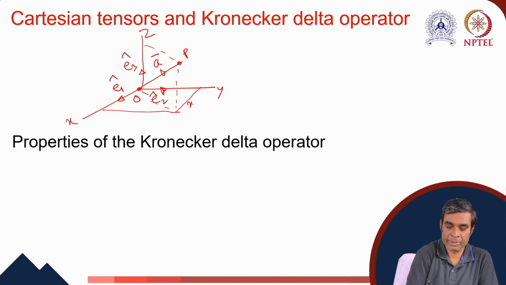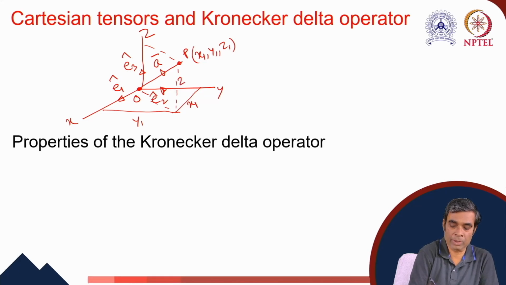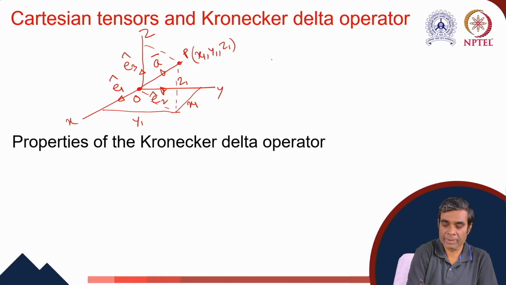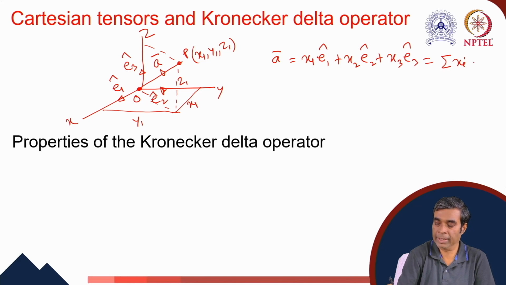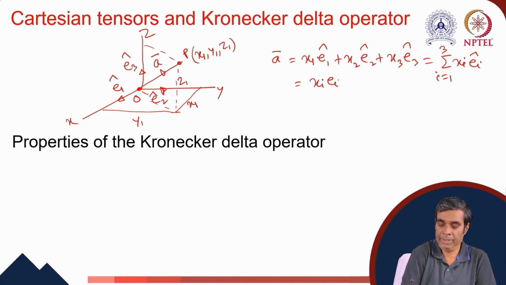So we say that this is the x1 coordinate. So the coordinate of point P is x1, y1, z1. So we are showing the components. Now here A bar equals x1 e1 cap plus x2 e2 cap plus x3 e3 cap equals summation over xi ei cap, where i varies from 1 to 3, equals xi ei cap.